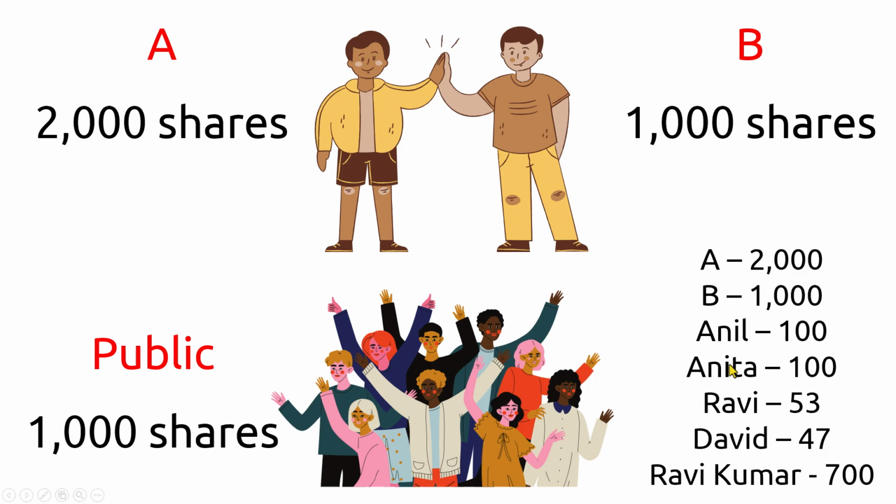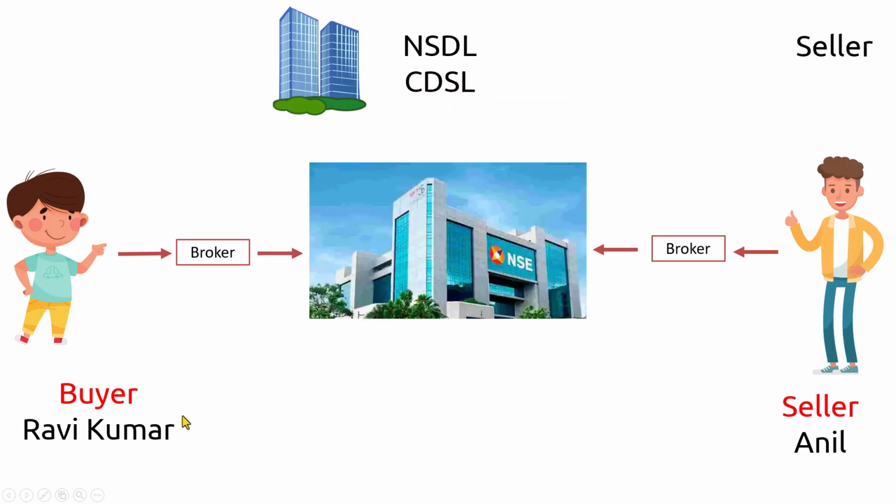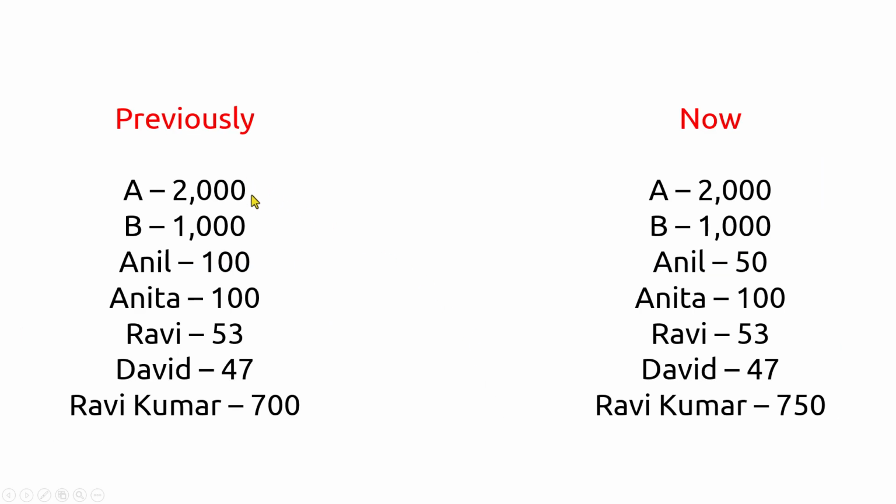Let us say that this is the buyer, Ravi Kumar, and this is the seller, Anil. Ravi Kumar wants to buy shares, whereas Anil wants to sell. Let us say that a transaction of 50 shares happens. So previously, this is the data with the depository.